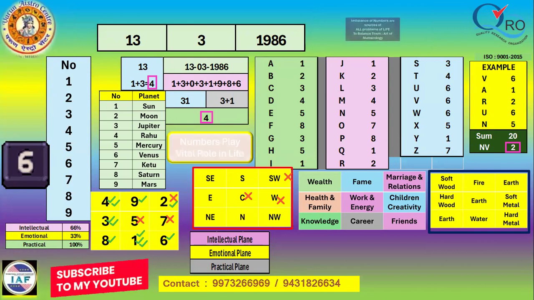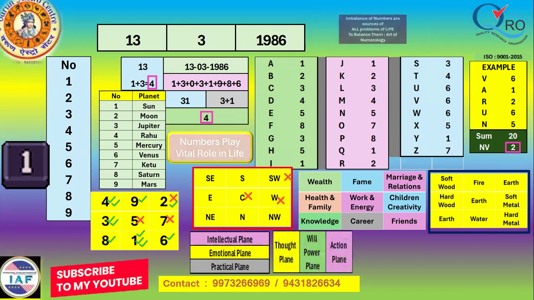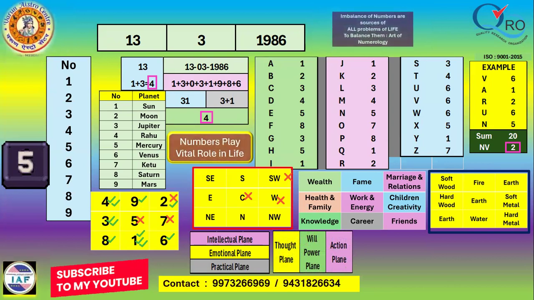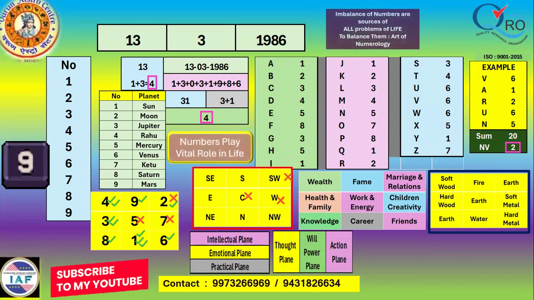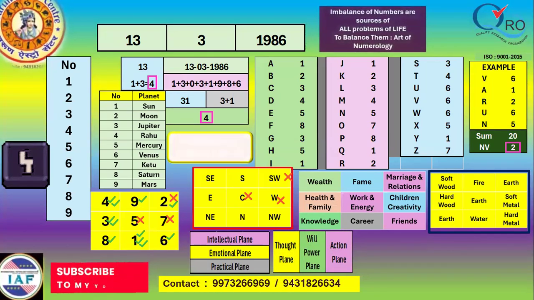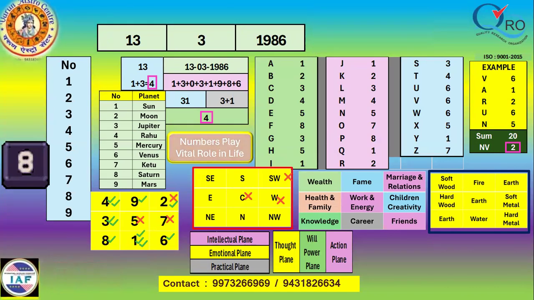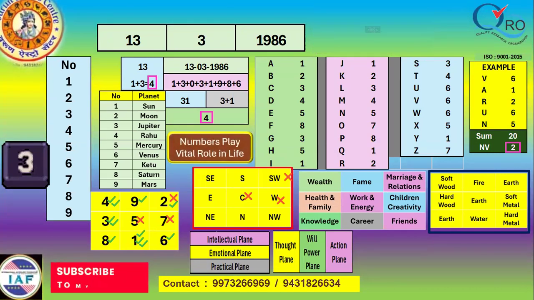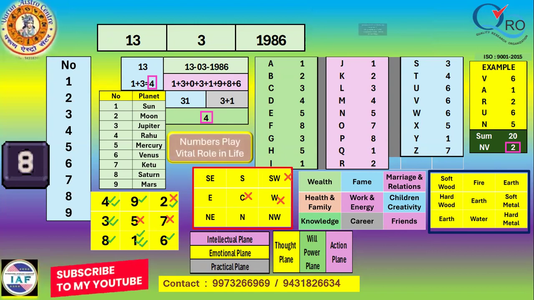Similarly, next is the vertical plane, consisting of 438, the first one, the thought plane; 951, the middle, willpower plane; and the action plane, 276.